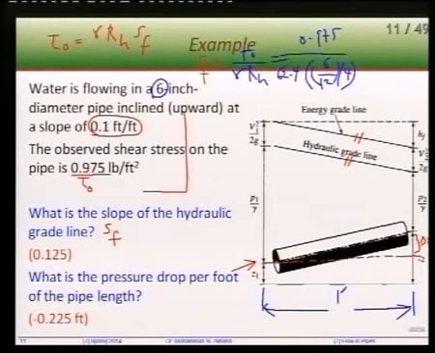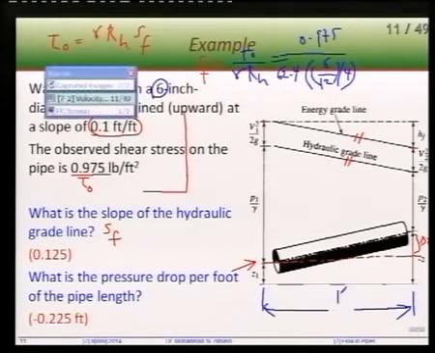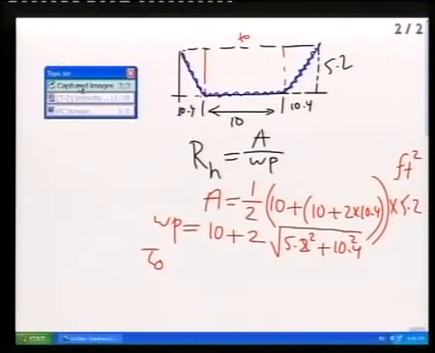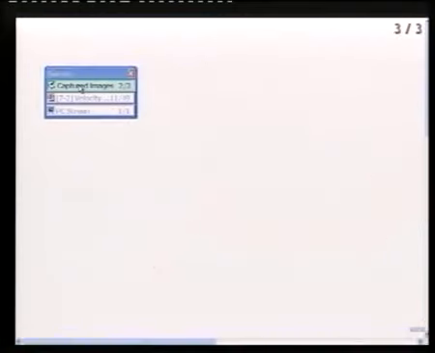So what is the pressure drop? Now, what we need to do is quite simple. Now we have a situation. You remember it. That's fine. Let's write the energy conservation equation. So it's H1 equals H2 plus HL.